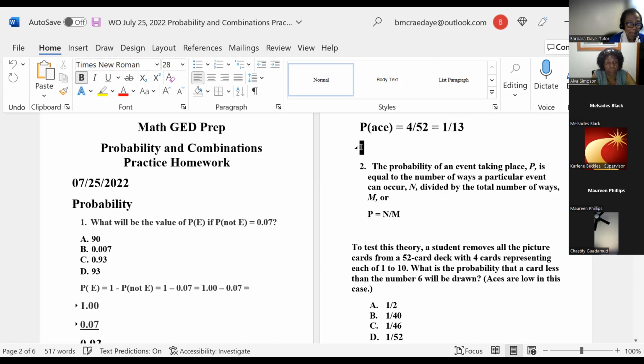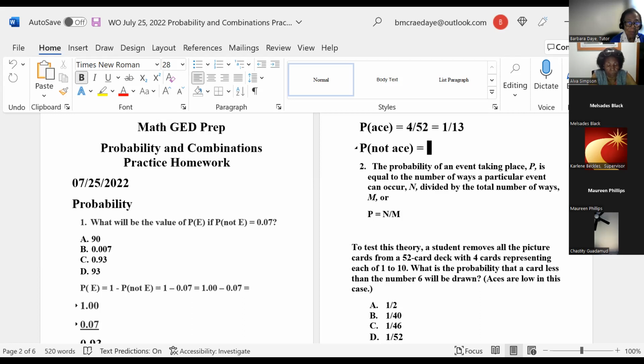Now, let me ask you, if I said probability of it not being an ace, what would that be equal to? 1/52.